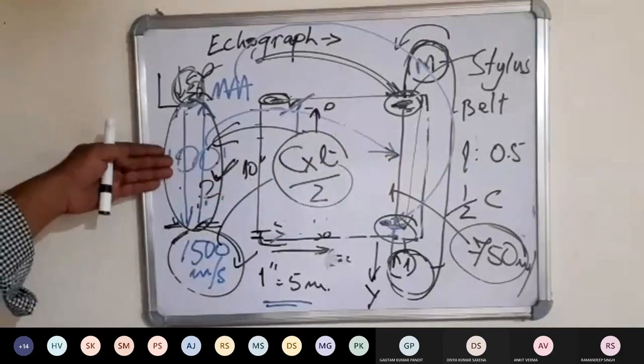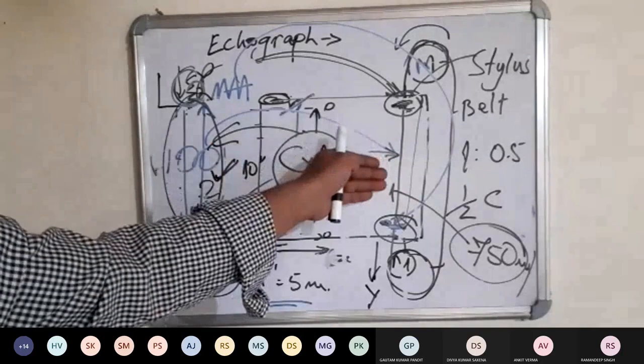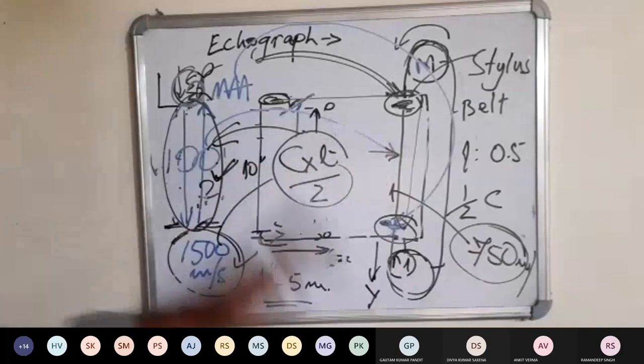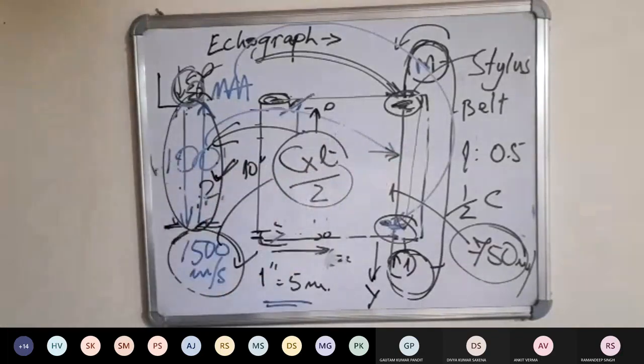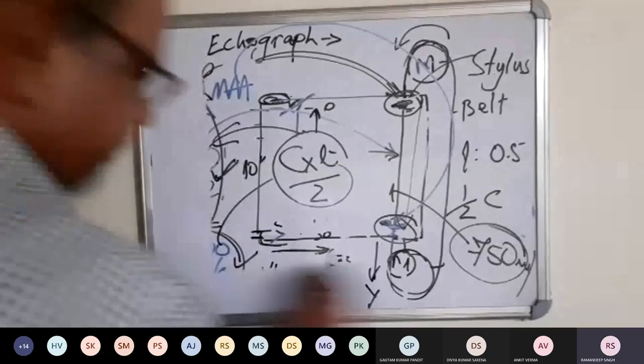If it travels 200 meters, this will travel 100 meters on scale. So divided by 2. So do we now understand how an echograph is working? Yes, sir. Very good.